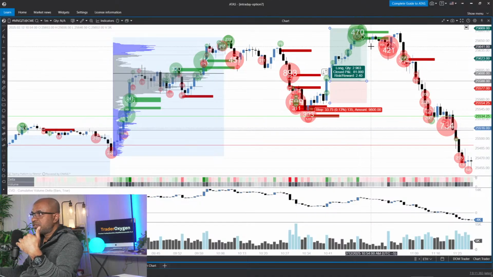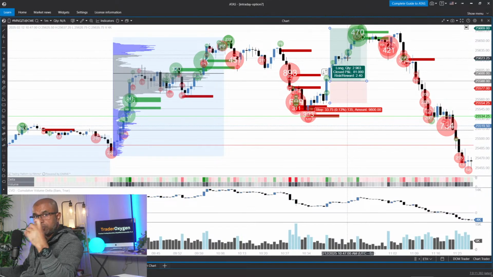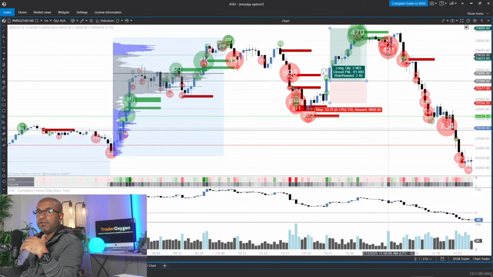So we trail the stop loss to below this aggressive buyer over here. There was a potential possibility of price going up, so we kept it below this green bubble. However, you can see after we took the profits, the remaining part got stopped out with profits, right, with active trade management.